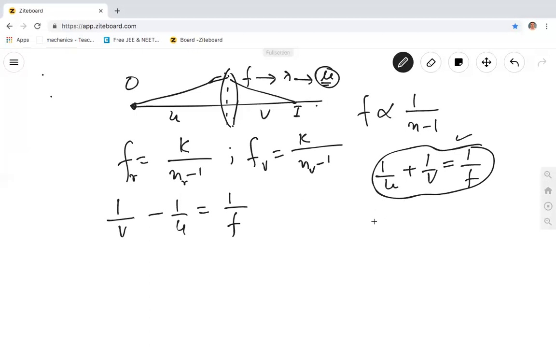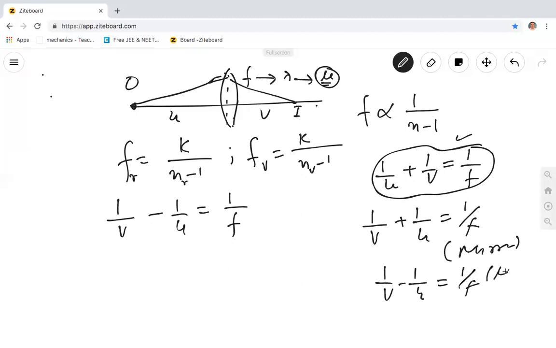We generally here in India use 1 by v plus 1 by u is equal to 1 by f for mirrors, and we write 1 by v minus 1 by u is equal to 1 by f for lenses, because we have a Cartesian coordinate system of sign convention here. I think you are using a different sign convention. That's why you have the same formula for both.